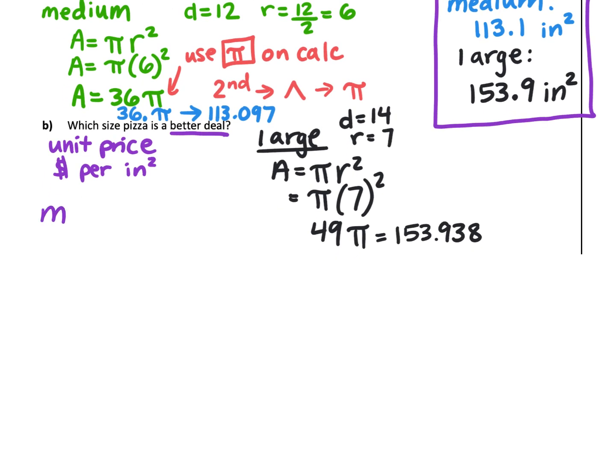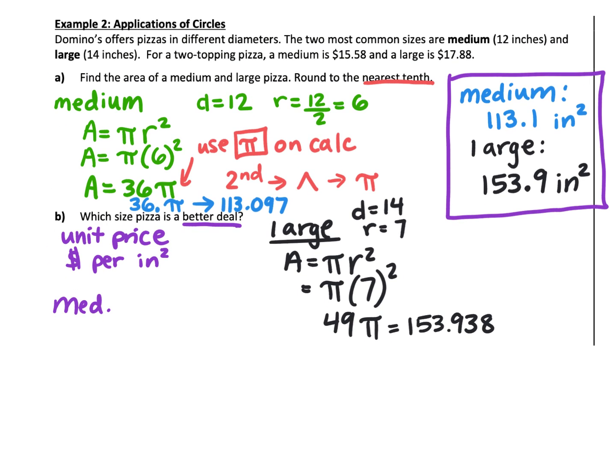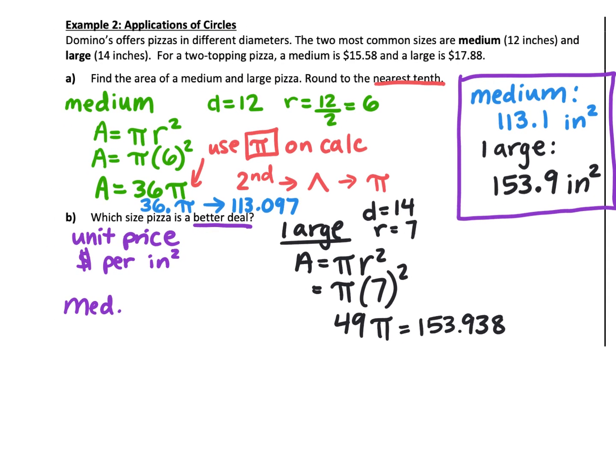So for the medium pizza, if we look back up here, the medium pizza at Domino's for 2 toppings is $15.58. So I'm going to take the price, $15.58, and divide that by the area that I just calculated for the medium pizza, 113.1 square inches.